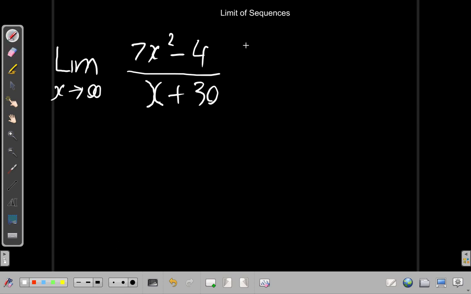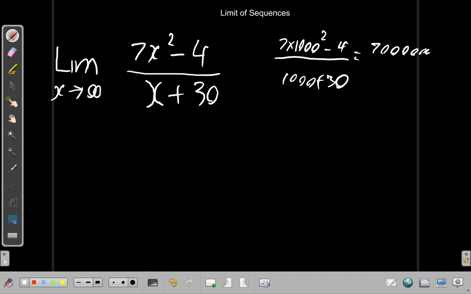Now, if we look at this, as x gets bigger and bigger, for example, if x reaches 1,000, you'd have 7 times 1,000 squared minus 4 over 1,000 plus 30. 1,000 squared is 1,000,000, and 7 times 1,000,000 is 7,000,000, minus 4, divided by 1,030, right? This would be a large number, large indeed.